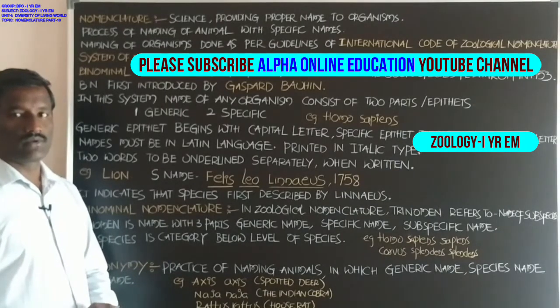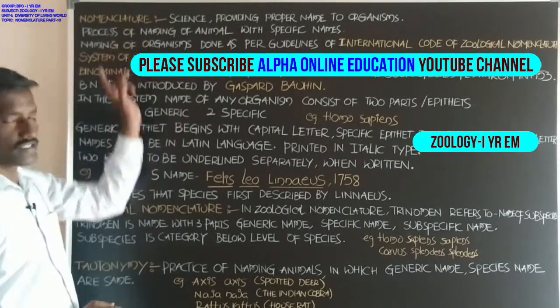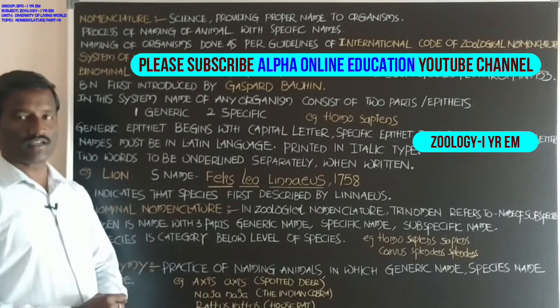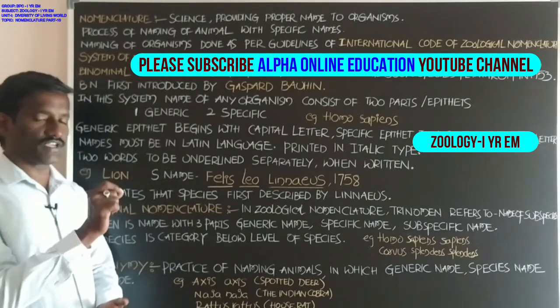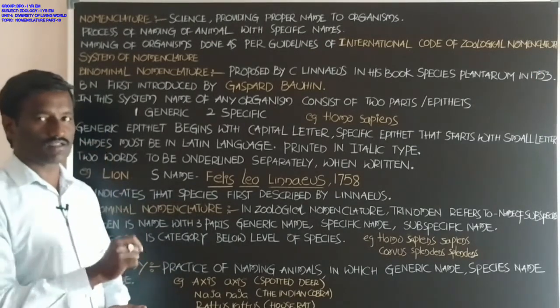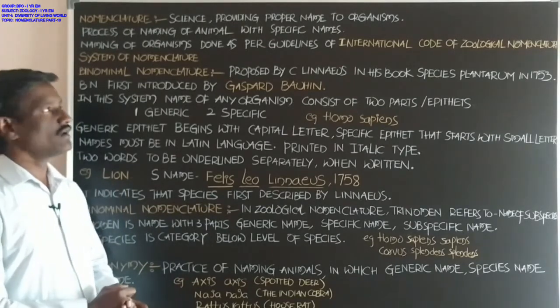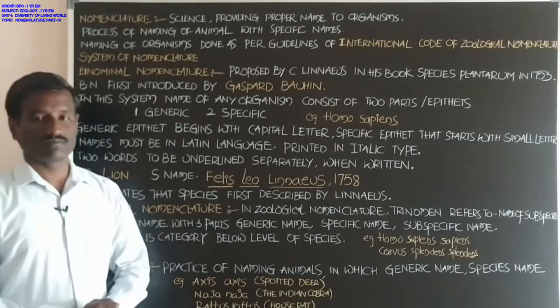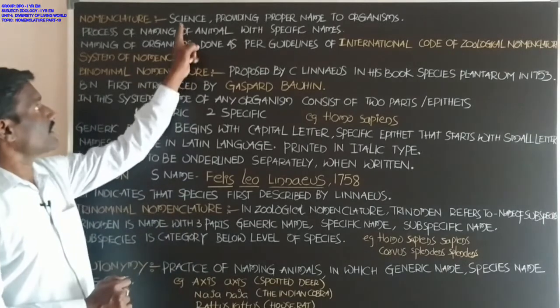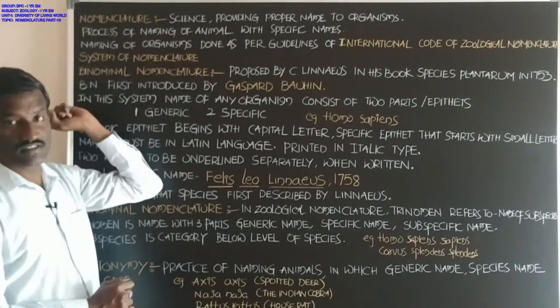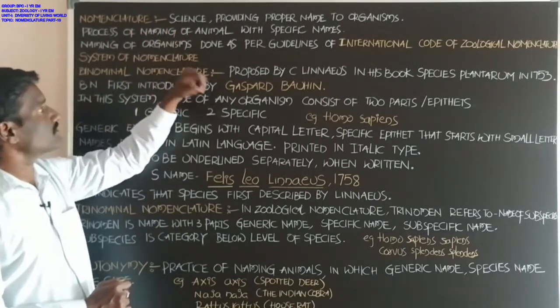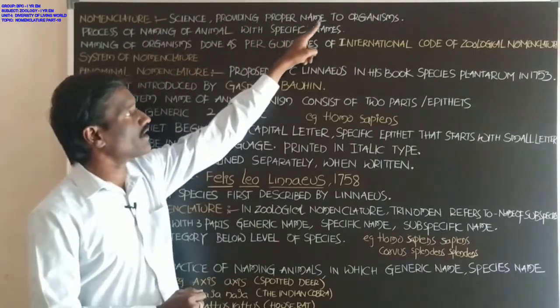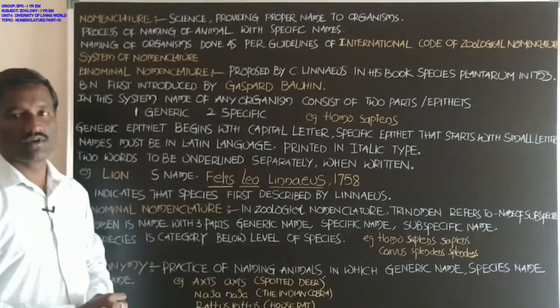Students, today's topic is nomenclature. Nomenclature is necessary for the classification of living organisms or animals. Nomenclature is the science of providing proper names to organisms.